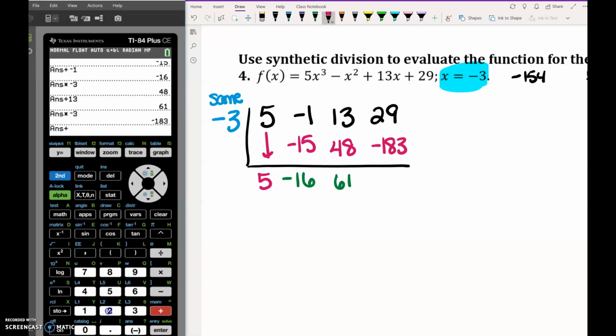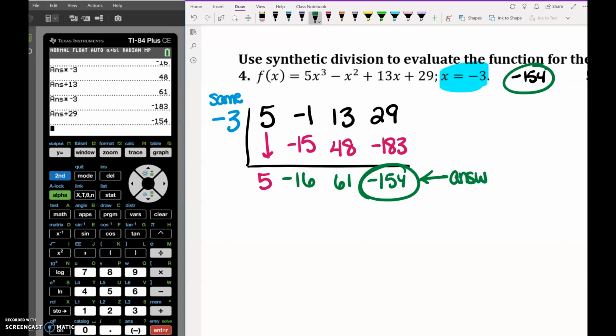And -183 plus 29 is -154. This is your answer. After plugging in -3, your answer would be -154.